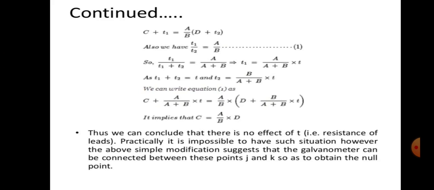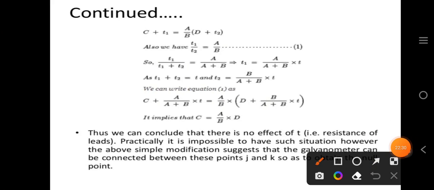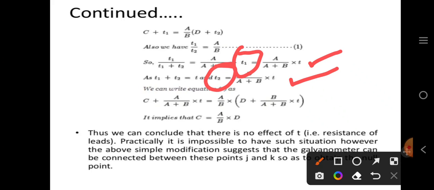If we take the denominator to the right side, we get A upon A plus B into T is equal to T1. So this is the equation for T1. As T1 plus T2 is equal to T, T2 is equal to B upon A plus B into T. So we have two equations, one for T1 and one for T2.